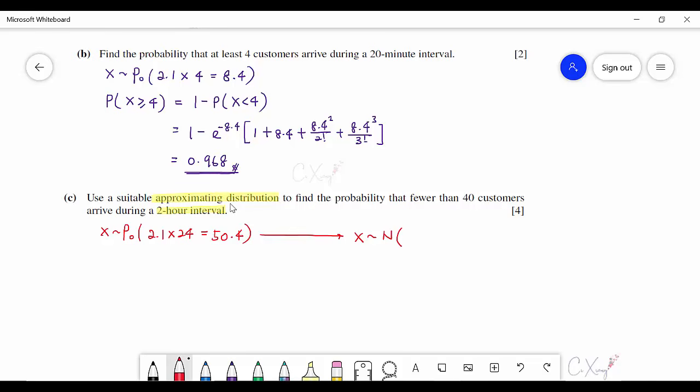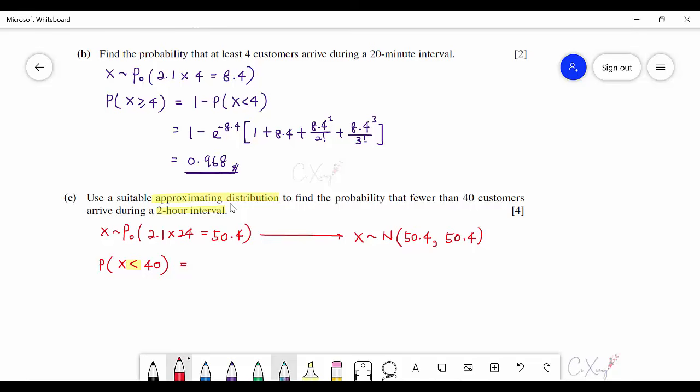For the normal, the first value is the mean and the second value is the variance, and both have the same value, because for a Poisson distribution, mean and variance are the same. Now they want us to calculate the probability for fewer than 40 customers. Fewer means not included, no equal sign, so x smaller than 40.